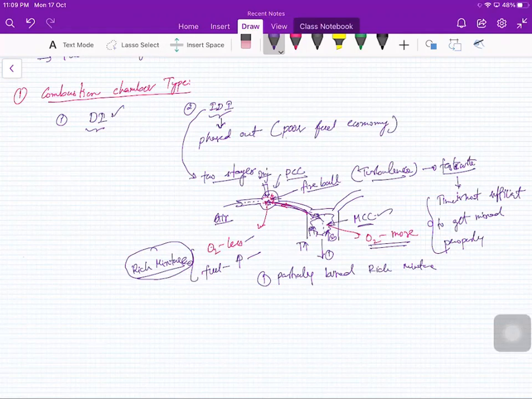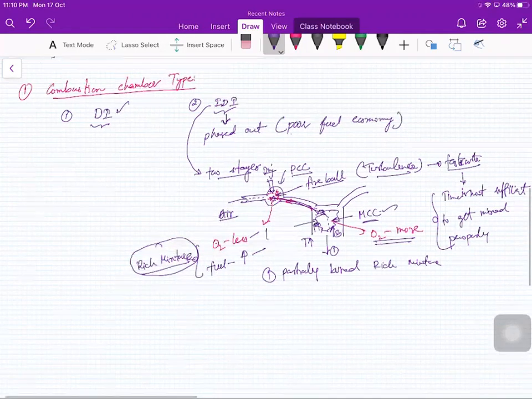That's why the rich mixture will not get combusted properly in the main combustion chamber, but mostly it will be burnt as a lean mixture. Here in the main combustion chamber, it is burning as a lean mixture.